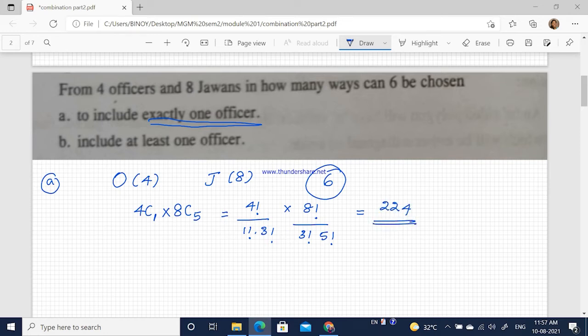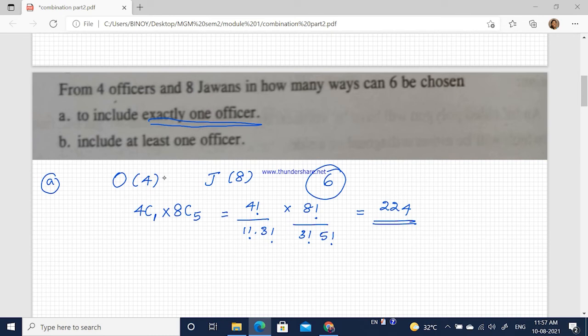So you are selecting one officer from four of them, that is 4C1. This is one officer from 4. Then if I am taking one officer, I should take only 5 Jawans from the total of 6. So one officer and 5 Jawans make a total of 6. Out of 8 Jawans, I am selecting only 5 Jawans. So the number of ways is 224.